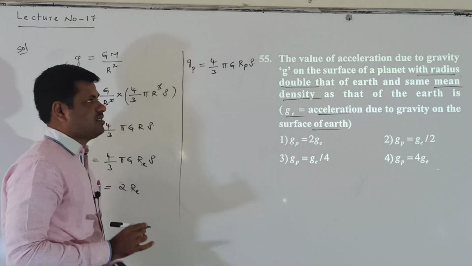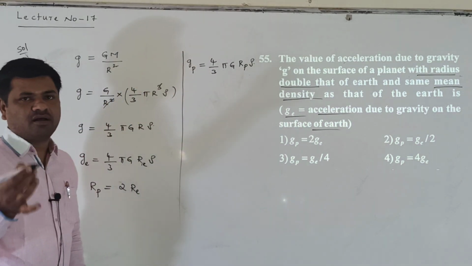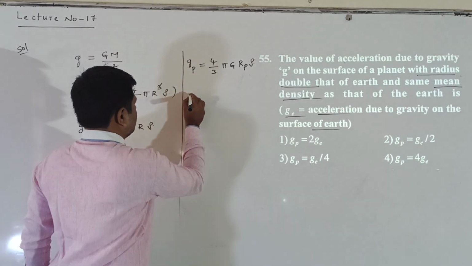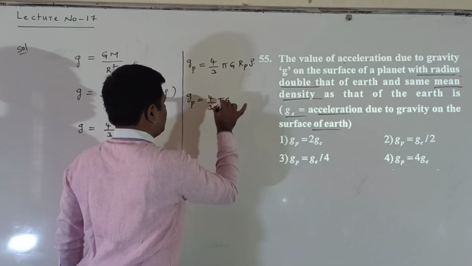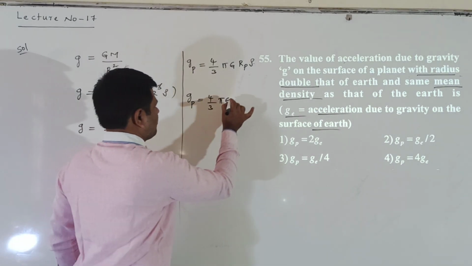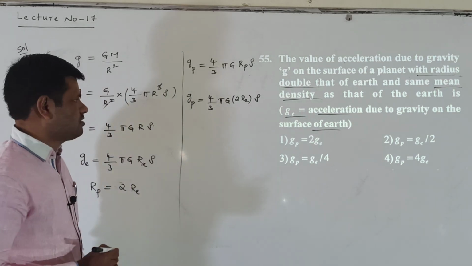Density cannot change, density as usual. Just in the place of Re I am writing Rp, because on the planet in the place of g I am writing gp. Now gp is equal to 4 by 3 pi G, radius of the planet is 2 times the radius of the earth, 2 Re into rho. Clear up to this one?